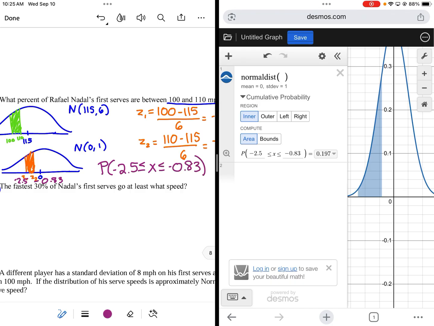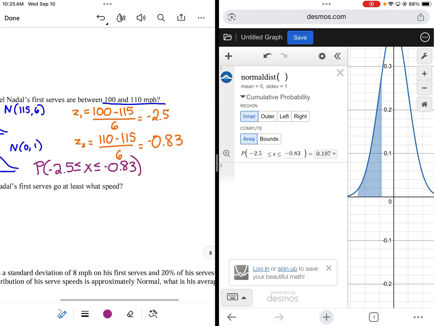And that counts as your lower and upper bounds. And then also write what we got as our area or our probability. So writing that counts as showing your work.